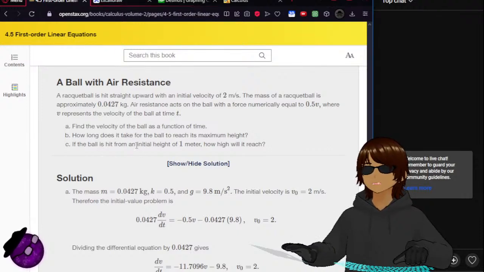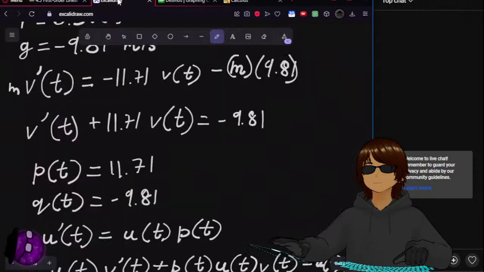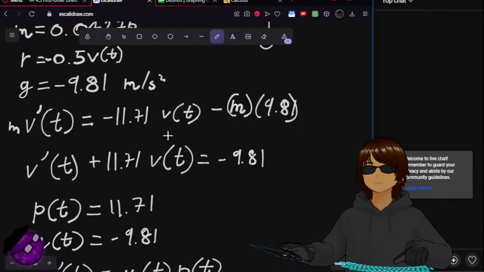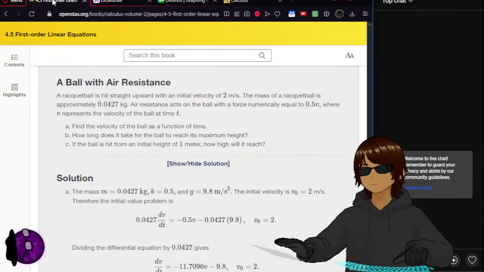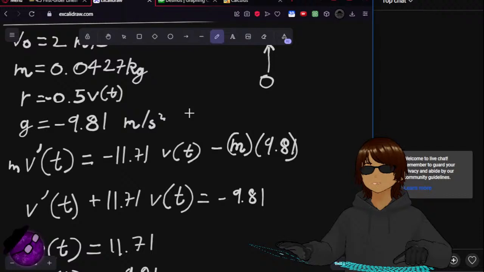If the ball is hit from an initial height of 1 meter, how high will it reach?